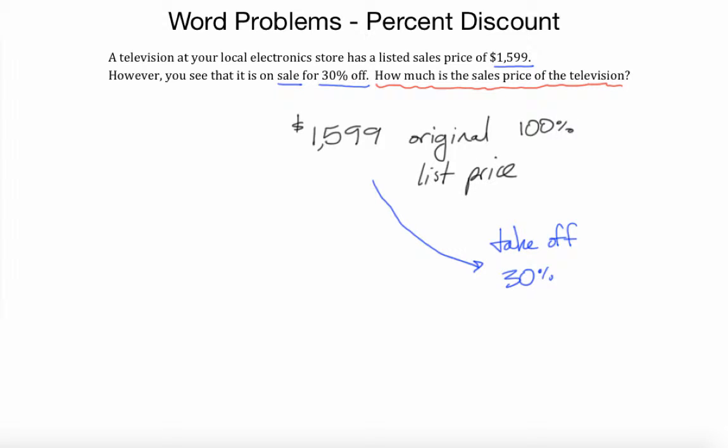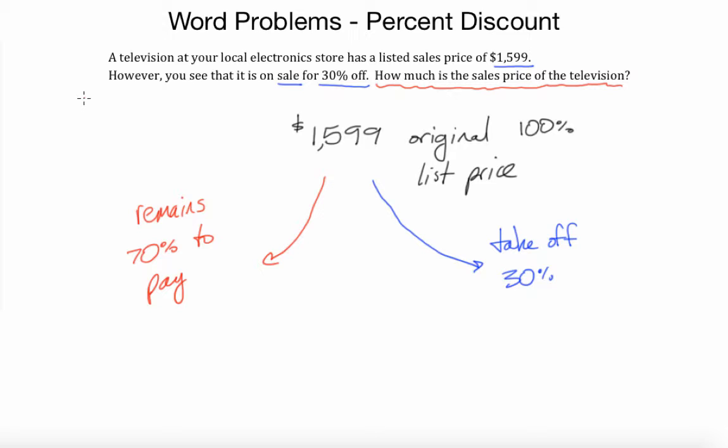So if I take off 30%, that means it remains 70%, of which I still have to pay. Okay, so I have 100%, that's my $1,599.